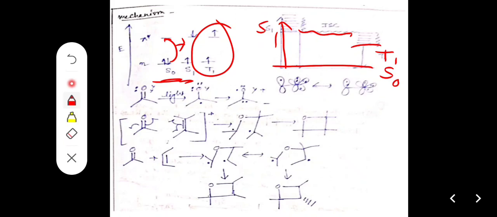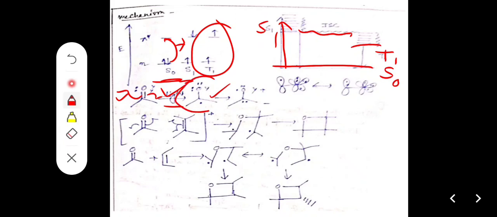Now this is the carbonyl. With light induction, homolytic fission can occur and produce this type of configuration. Homolytic means one bond breaks and oxygen and carbon each take one electron.